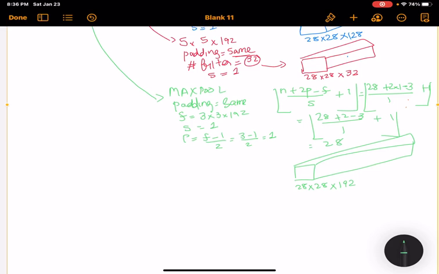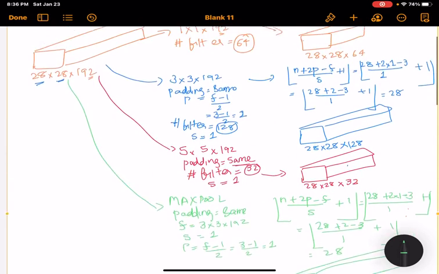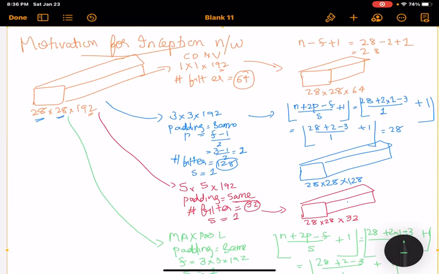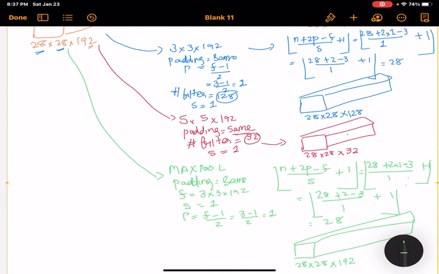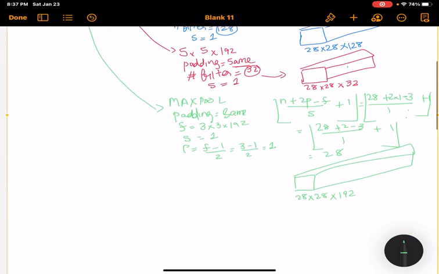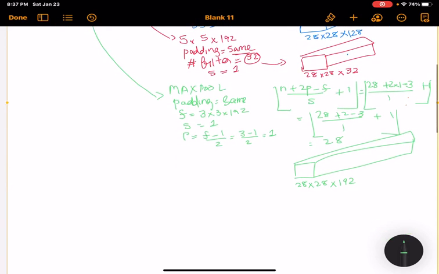So what I can now do is combine all what we have done. Here I have done a 1 cross 1 convolution, a 3 cross 3 convolution, a 5 cross 5 convolution, and I have also done a max pooling.